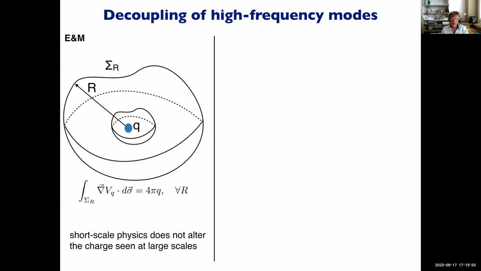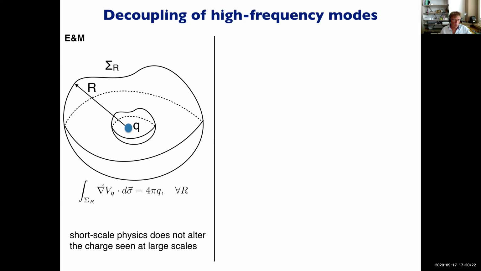If we take the flux through a closed surface, that defines the charge of the object independently of how big is the surface. So we have a natural decoupling between the small scales and the large scales. We can detect what's happening at very small scales by taking a measurement at large scales, and vice versa.